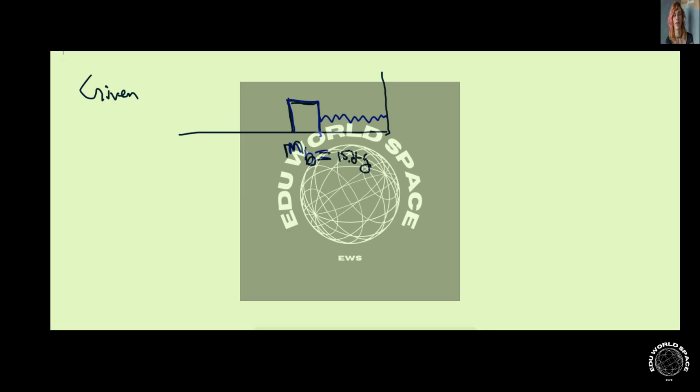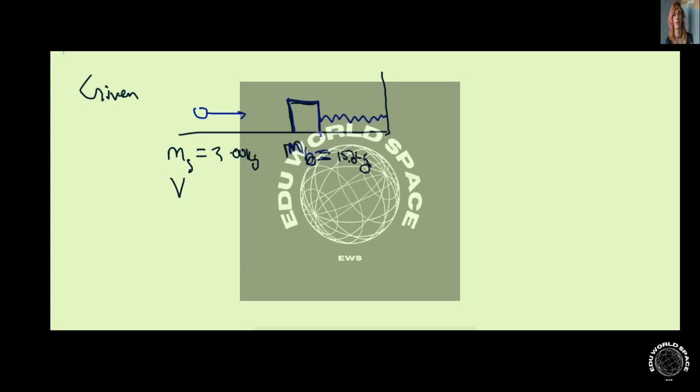The other thing that's happening is that there is an object moving towards the block. It's going to be struck by a stone. The mass of the stone happens to be 3 kilograms.